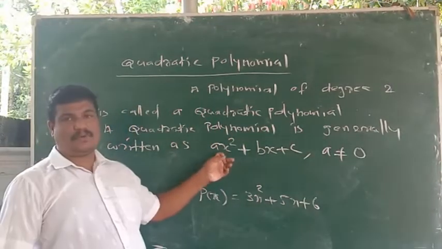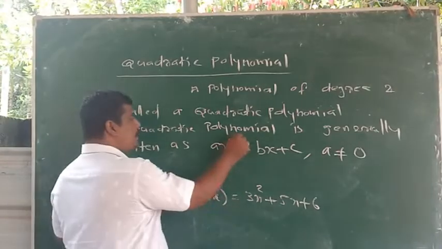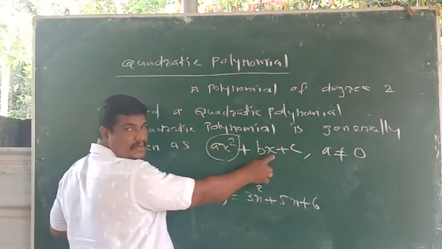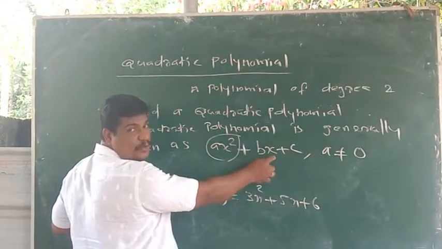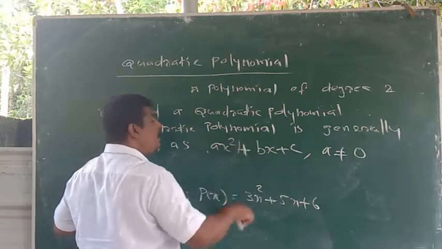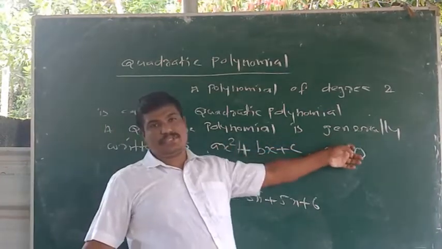Here if a becomes 0, then this term is fully 0, then the degree becomes 1. So it will become a linear polynomial. So compulsorily in a quadratic polynomial, a not equal to 0.